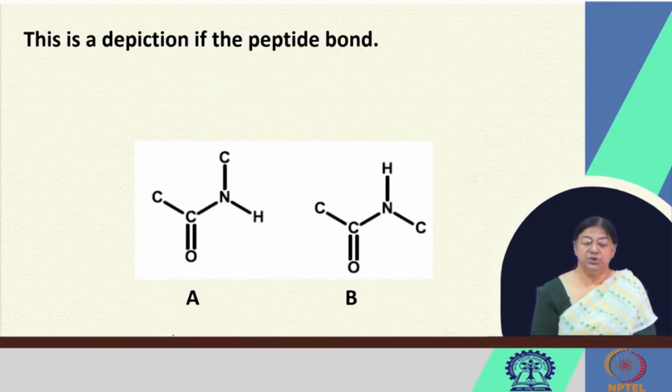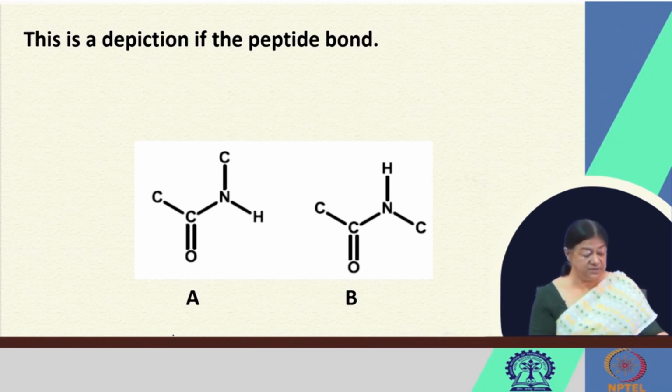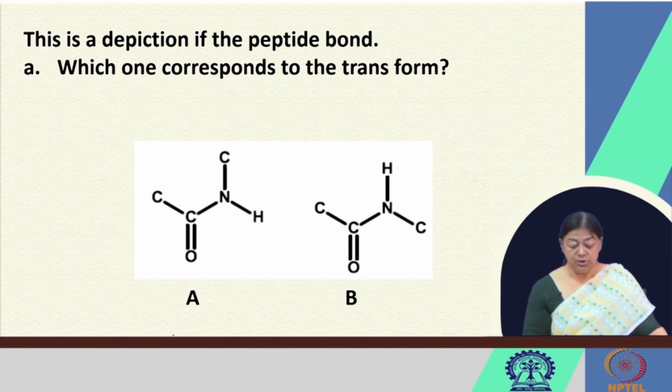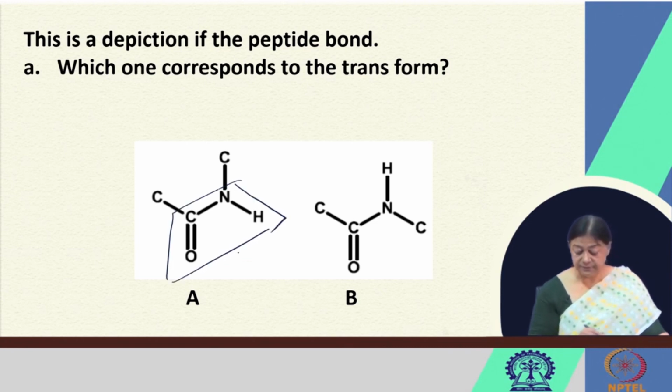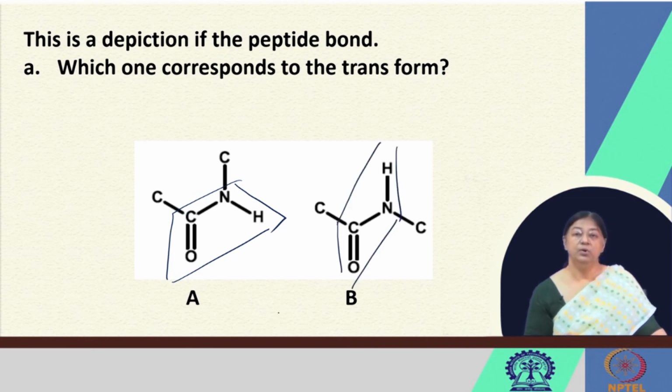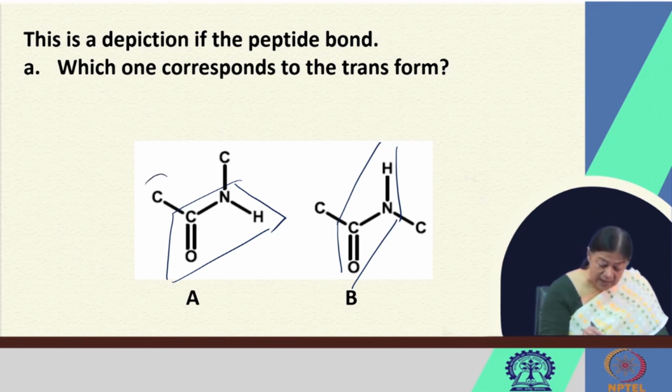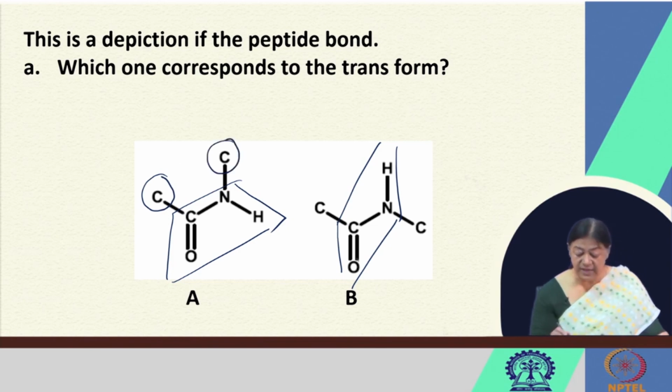Now, this is a depiction of the peptide bond, and we try to understand what differences we see. So, we want to know which one corresponds to the trans form. We now know that this is the peptide, the C double bond ONH. We have to look at the positions of the alpha carbon.